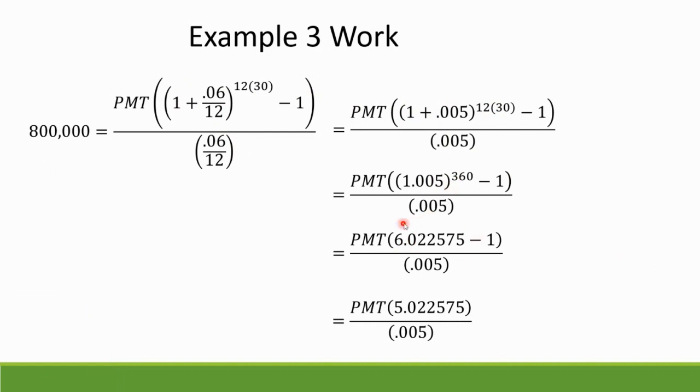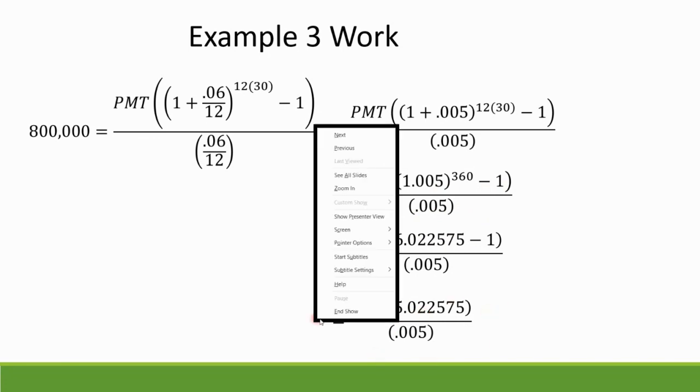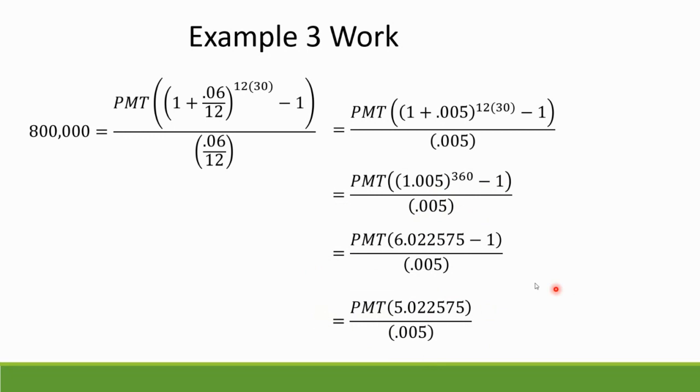We get this number. Again, I used the calculator. I can't do that power in my head. If you can, that's great. We have this, and now we're subtracting 1, and so on. So we're left with this here. We're almost there.